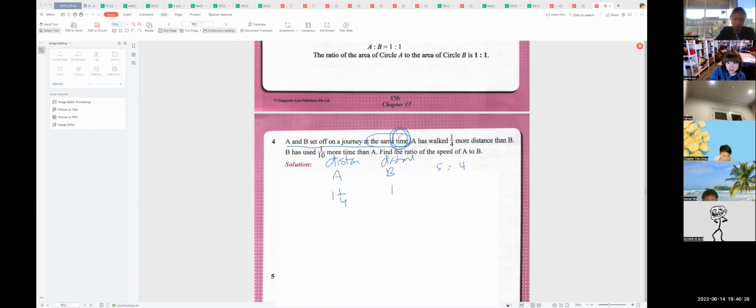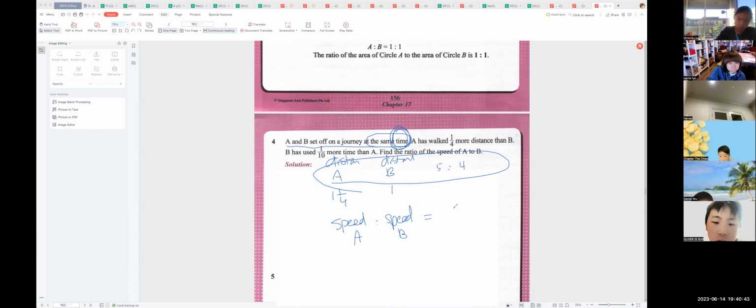Okay, so when the time is the same, the distance ratio is 5/4. So that means the speed of A to speed of B should be what? Who can tell me? 4 to 5. Very good. 4/5. Good job.